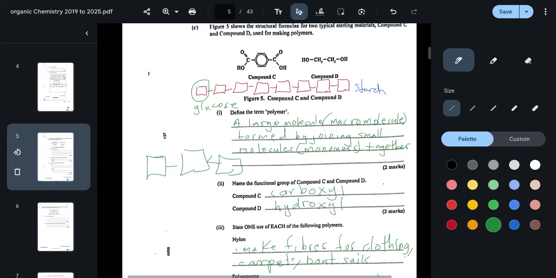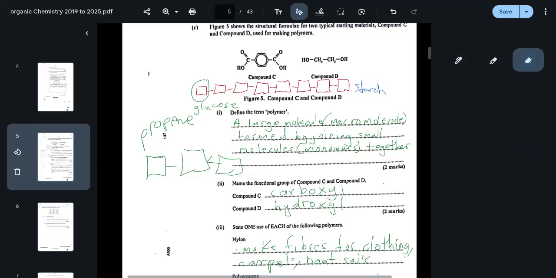So glucose is the monomer, the carbohydrate is the polymer. When it comes to alkenes, polypropene is the polymer. Each of these would be a propene molecule. We join up a lot of propene molecules, and so we call the polymer polypropene. Polyethene, we join up a lot of ethene molecules. It's just joining up small molecules until we have a large one.